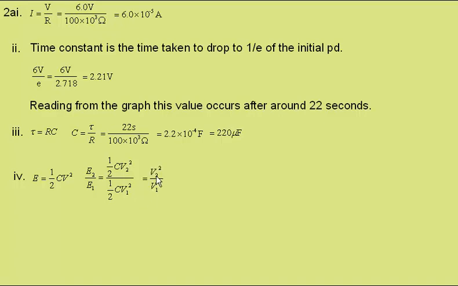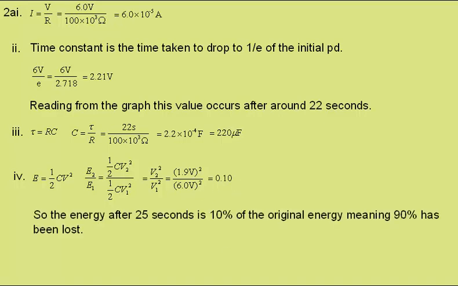This simplifies to V2 squared over V1 squared, and this is 1.9 volts after about 25 seconds, reading from the graph, and starting at 6 volts. This gives a figure of 0.10, and this shows that the energy after 25 seconds is 10%, 1/10, of the original energy, meaning that 90% has been lost.